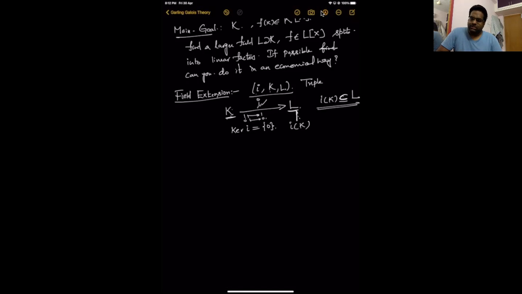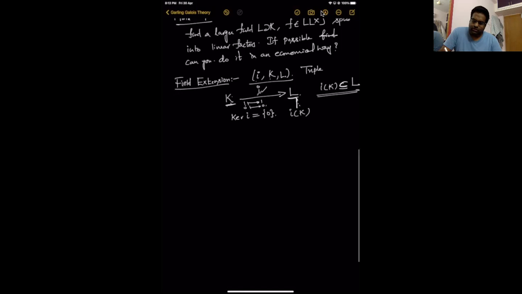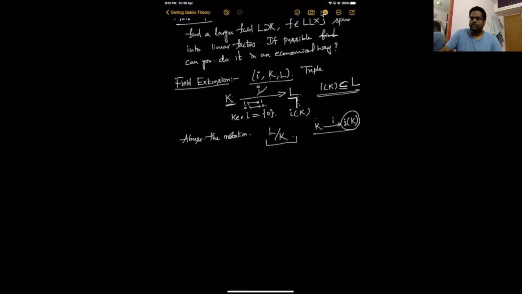Okay, so this is called a field extension, but we tend to abuse the notation and simply say that L over K is a field extension. Because by means of i, you can identify K with i of K, and instead of distinguishing i of K over L, we simply write L over K. So this is the notation.